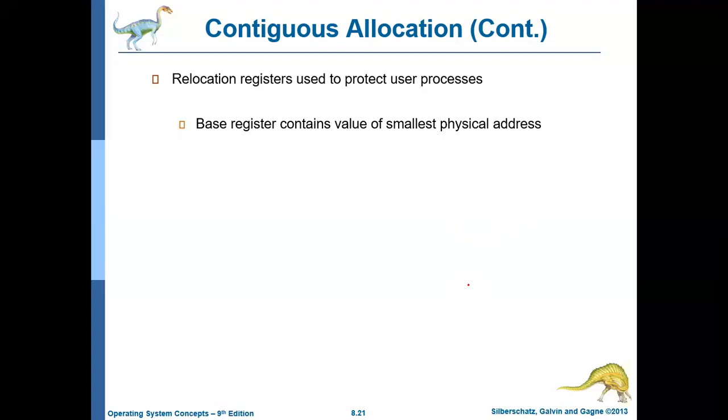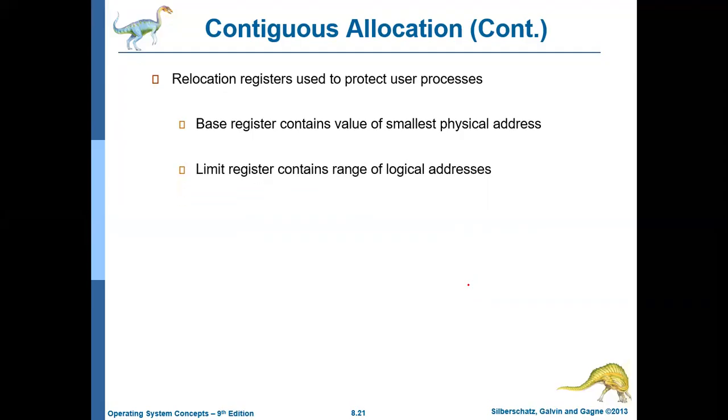That is, how the system hardware ensures that a process does not cross its boundary. Every process has a boundary in terms of its memory allocation, its starting and ending memory, and it should not access anything beyond that. Hardware ensures this by using the base register and the limit register.